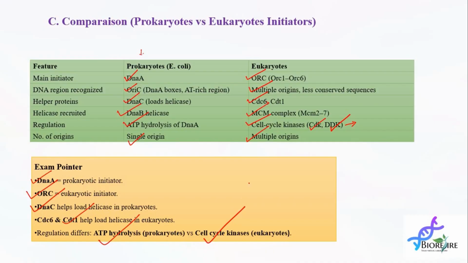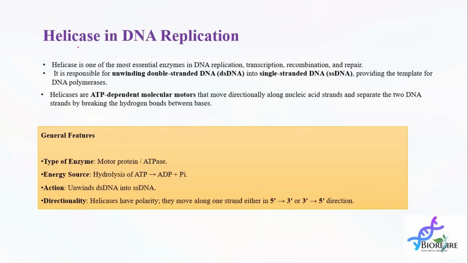Now next is helicase. Helicase is an enzyme helpful to unwind the DNA. It is responsible for unwinding the DNA. Helicase is an ATP-dependent molecular motor that moves directionally along the nucleic acid strand to separate the two strands while breaking the hydrogen bonds between the base pairs.